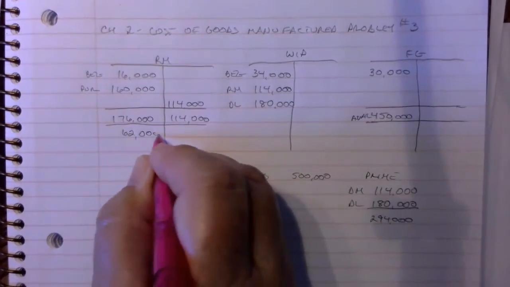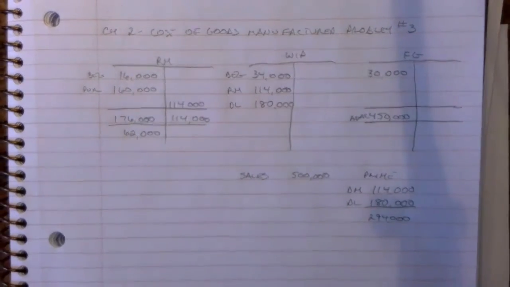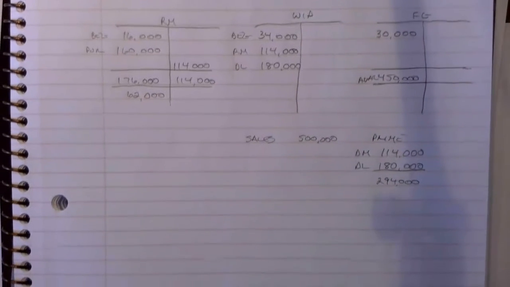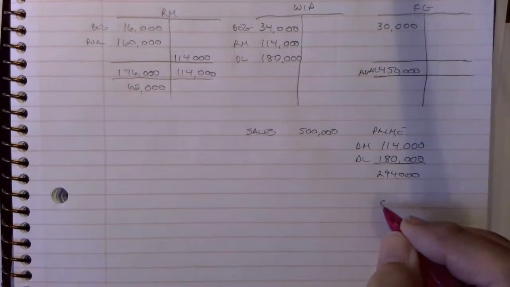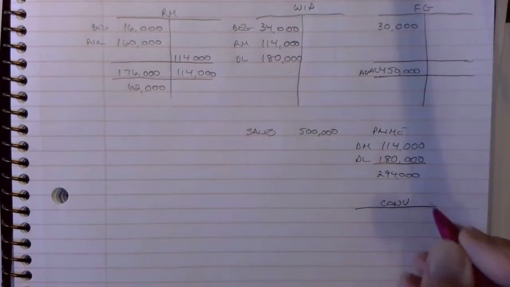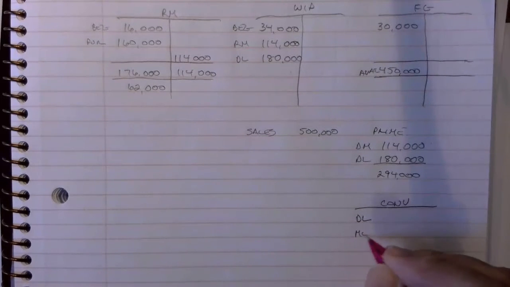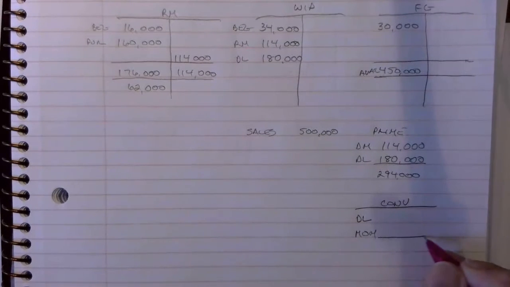Okay. Now, the stupid conversion thing. They told us that gross profit, okay, we got to work backwards here. Overhead is 40% of conversion costs. So let's see what that is. Conversion cost. Conversion cost is direct labor plus manufacturing overhead.